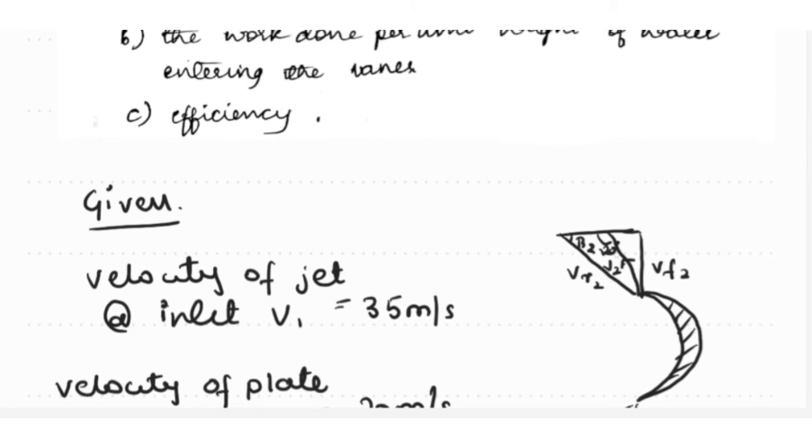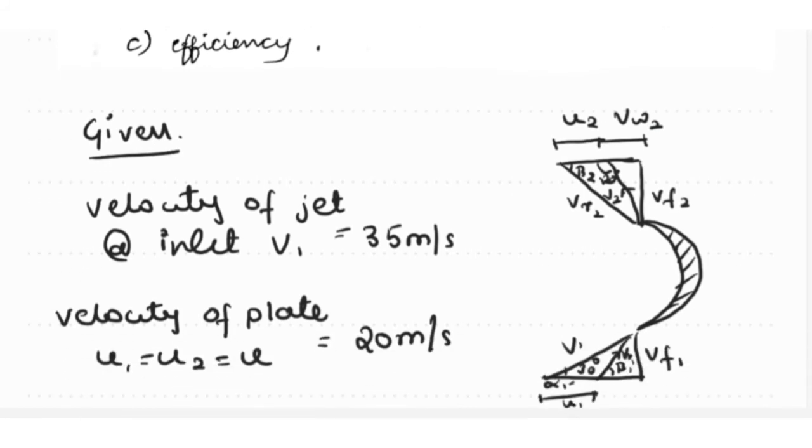You can see this angle is 120, so this will be v2. From vr2 to v2, this will be u2, and from v2 to vf2 it is vw2. So this is how the velocity triangle looks like.